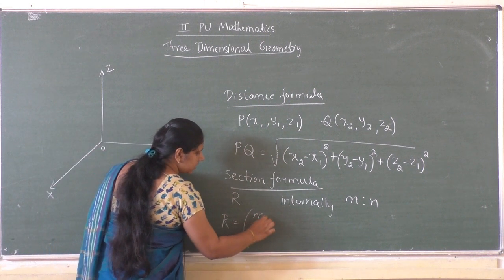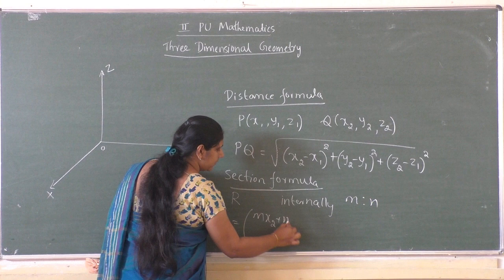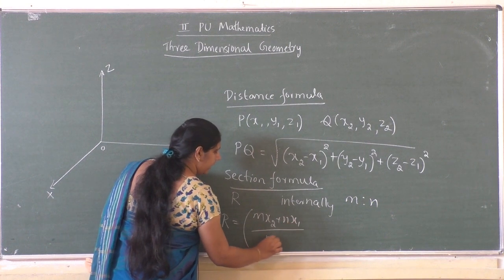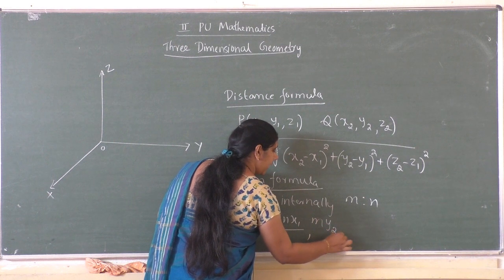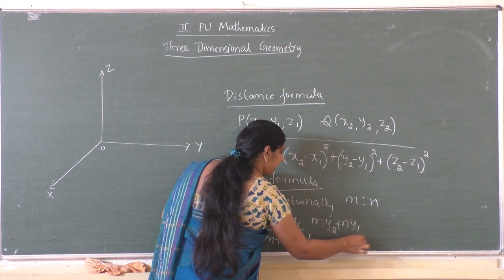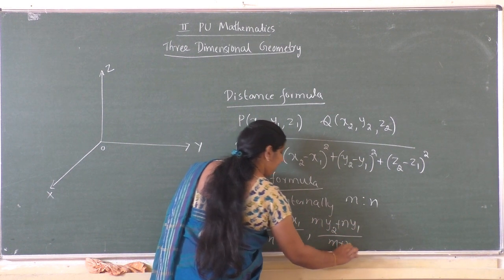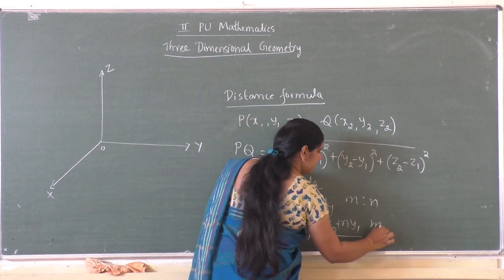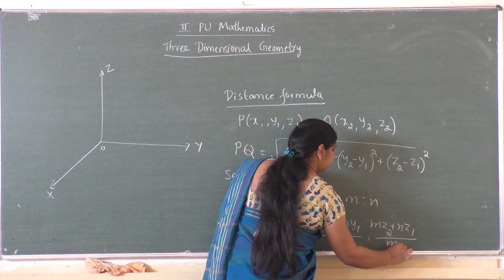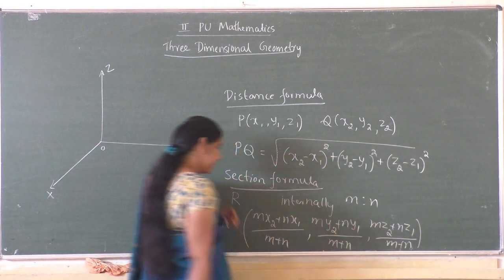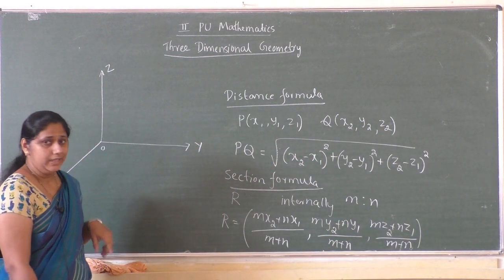The x coordinate is (mx2 plus nx1) divided by (m plus n), the y coordinate of R is (my2 plus ny1) divided by (m plus n), and the z coordinate will be (mz2 plus nz1) divided by (m plus n).